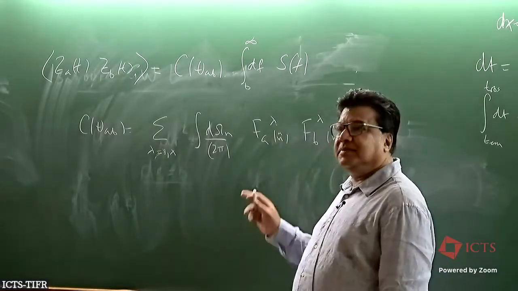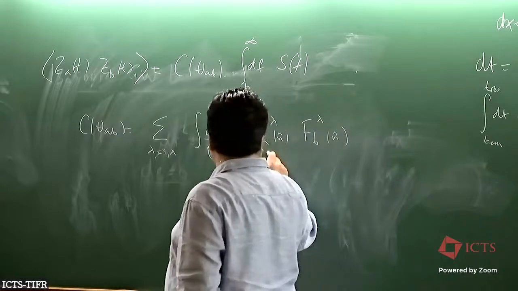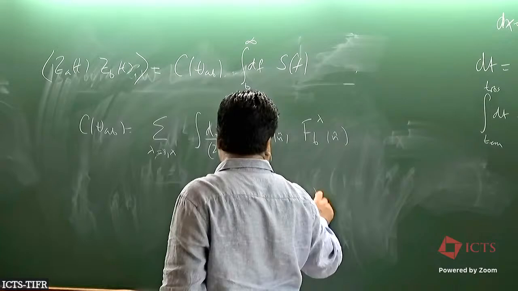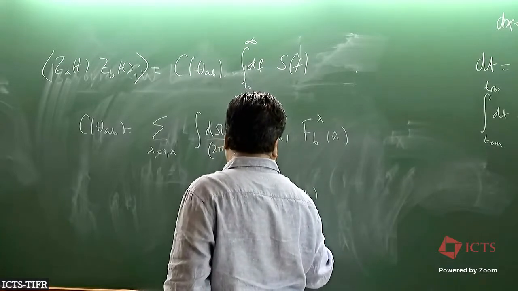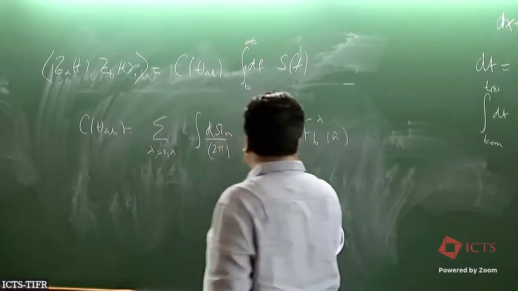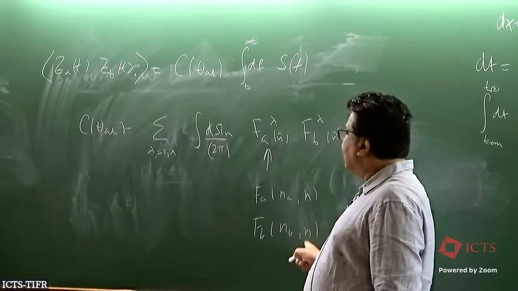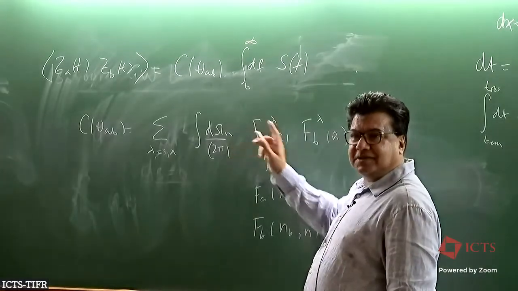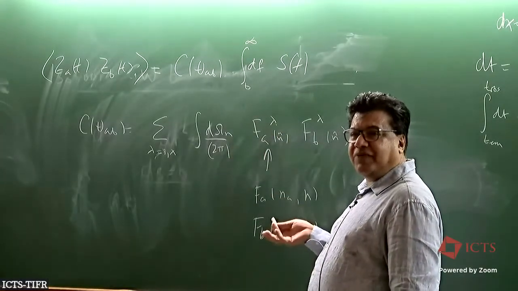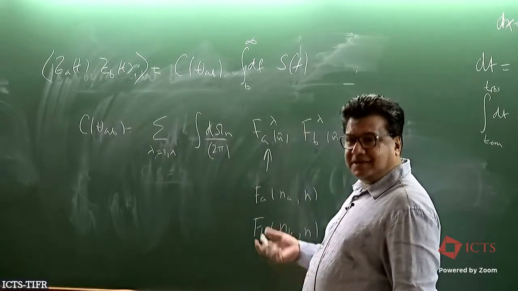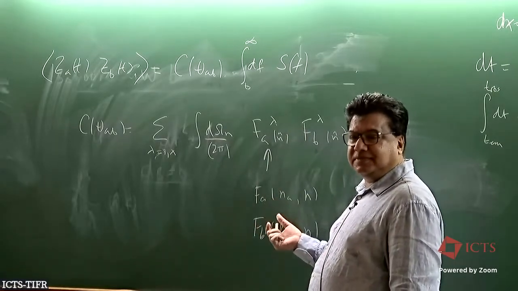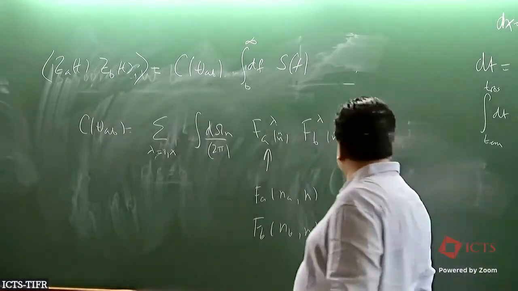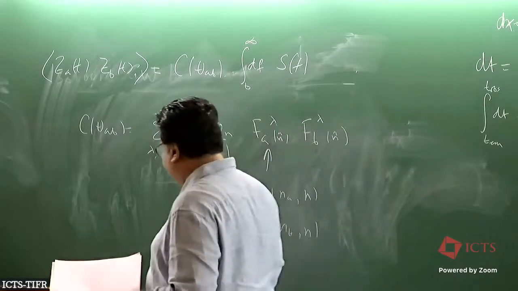F_A is a function of n_A and n, and F_B is a function of n_B and n, the direction of the pulsar and the direction of the gravitational waves. I put that in and integrate over the direction of gravitational waves. Then I am left with just the function of the mutual direction of these two pulsars.